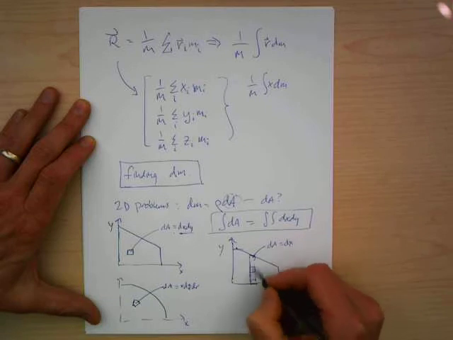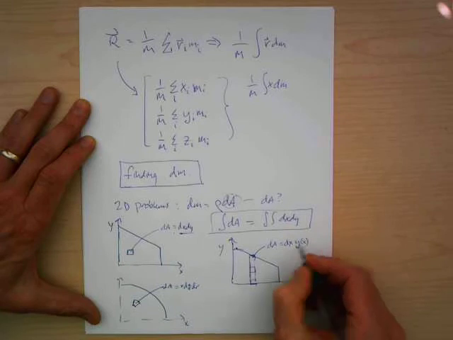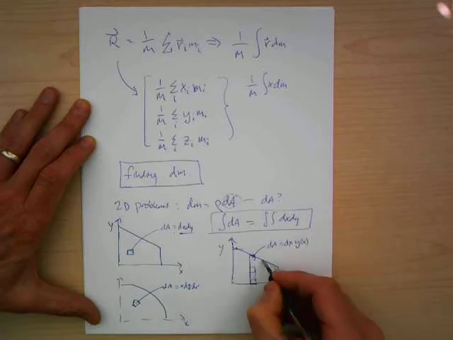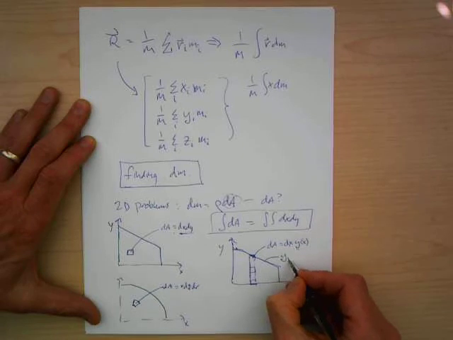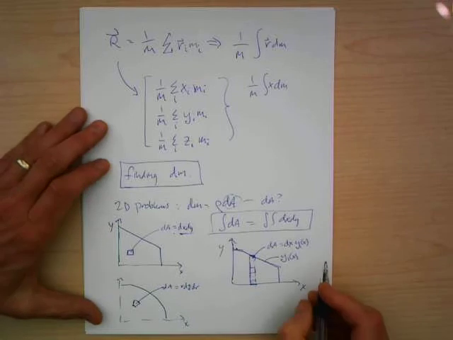And what is the height of the strip? Well, it's just this function y. If you characterize this upper surface of this shape as having a function, maybe I'll call it y1 of x, then the area of this strip is y1 times dx.